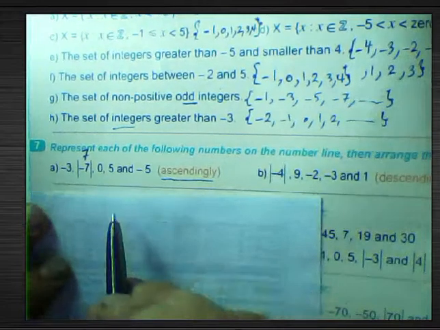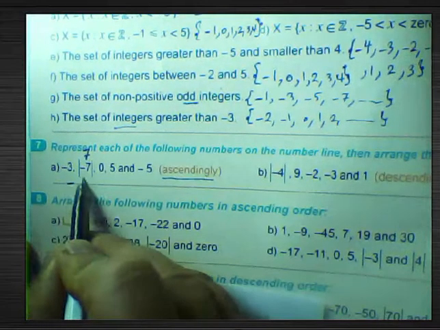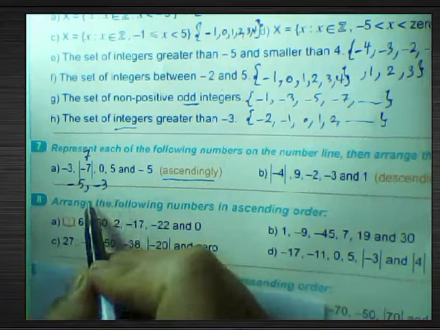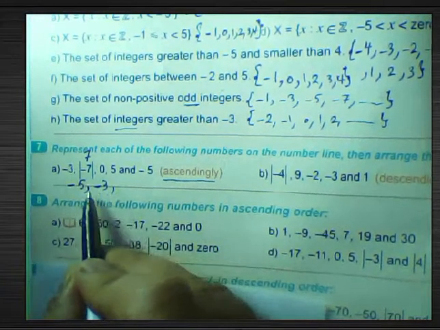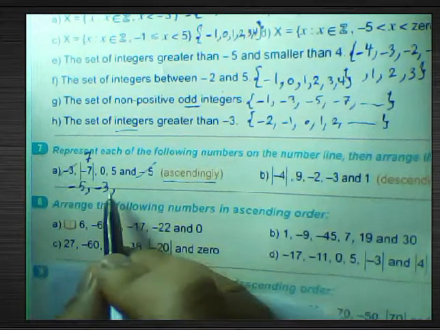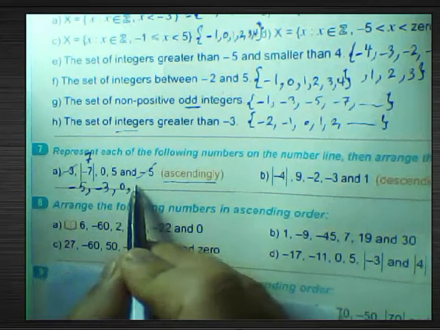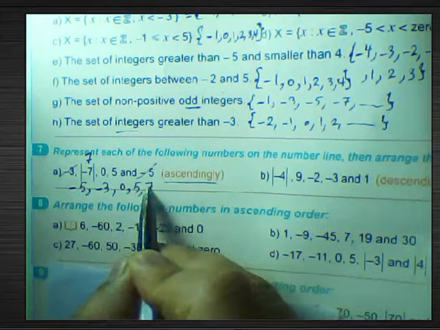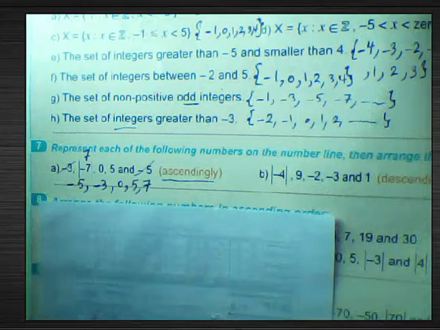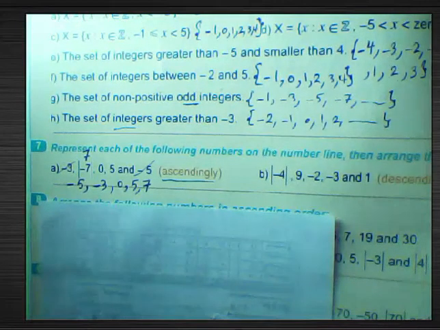From smallest we can write negative 5 and negative 3, 0, 5, and 7.